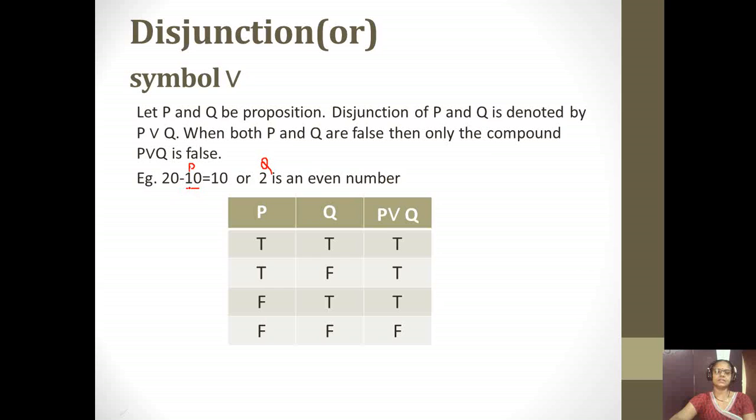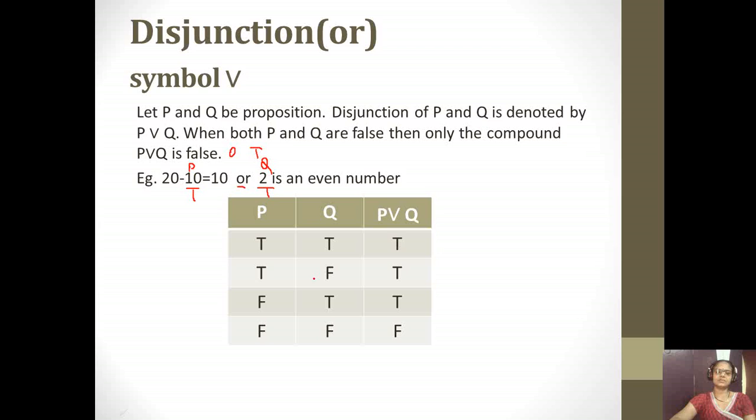So if both the statements are true, then what will be the result? According to this, if both the statements are false, then only the compound is false. Otherwise it is true. If first is true and second is true, the result is true.